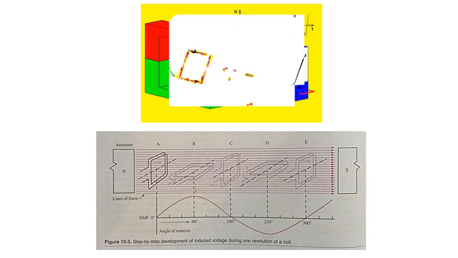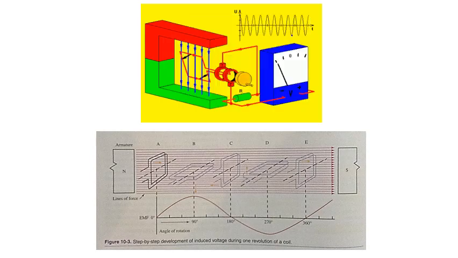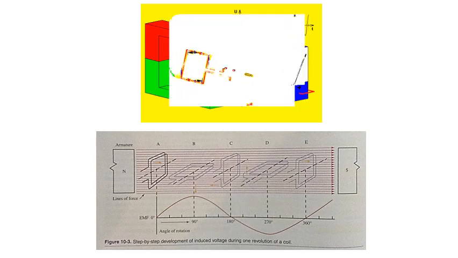Figure 10-3 shows the action of a coil turning in a magnetic field. In position A, the coil top moves parallel to the field of magnetism. No voltage is produced. In position B, both sides of the coil are cutting the field at right angles. The highest voltage is produced at this right angle.